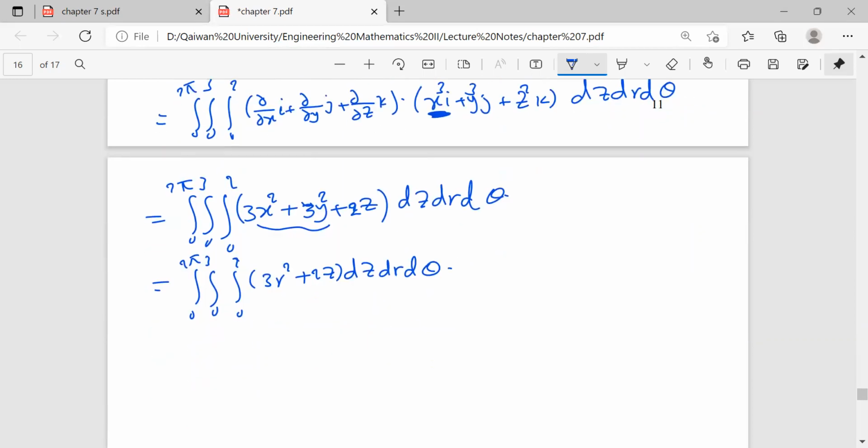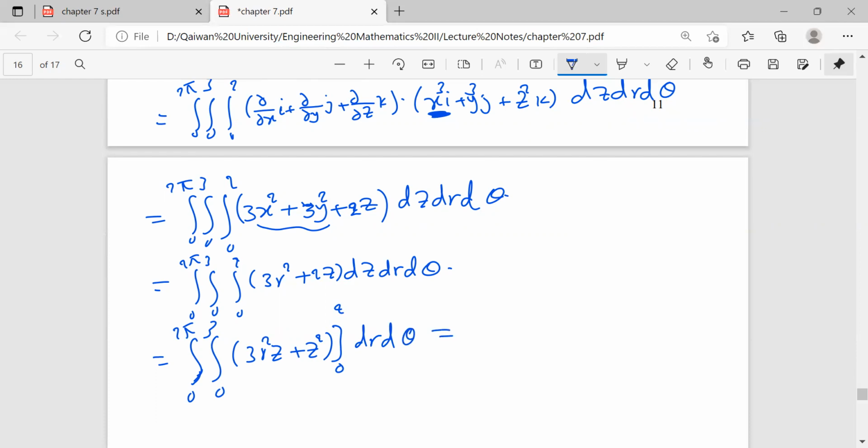Now we find this triple integral. First, with respect to z, we get 3r squared z plus z squared, from 0 to 2, for dr d theta.